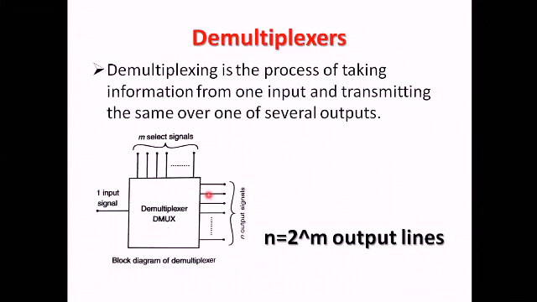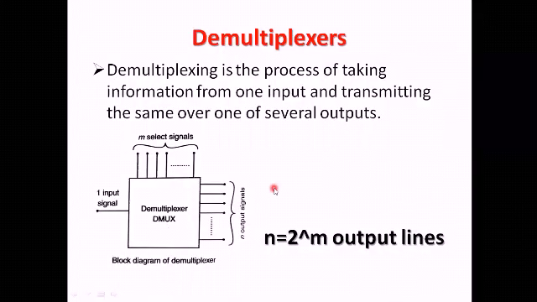The select inputs determine to which outputs the input will be connected. As the serial data is changed to parallel data, that is the input appears on one of the n output lines, the demultiplexer is also known as a distributor or serial to parallel converter. This is a very important thing, that a demultiplexer is called a distributor or serial to parallel converter.